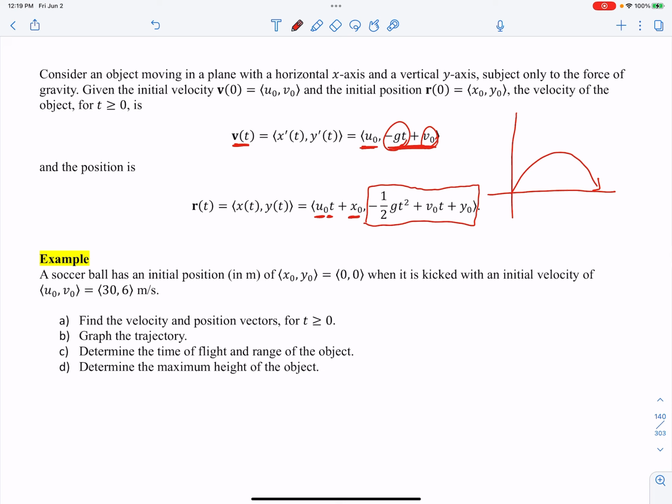So I'm just going to follow the formulas from above. So here's A. The velocity vector is going to be equal to u naught. Okay, u naught is the x velocity, so that's 30, comma, and then we got negative gravity, which in meters I think is 9.8, if I remember.